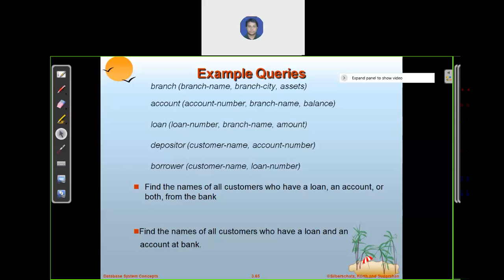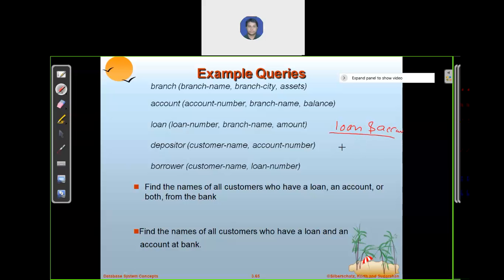Is the query clear? So now we want the customer name who has a loan account or a simple account or both. Okay, that customer name we want to retrieve from our records.